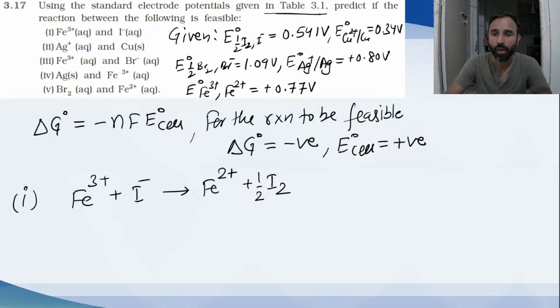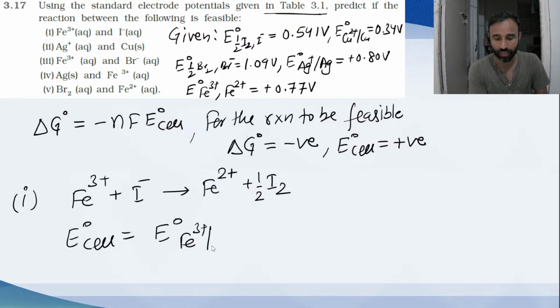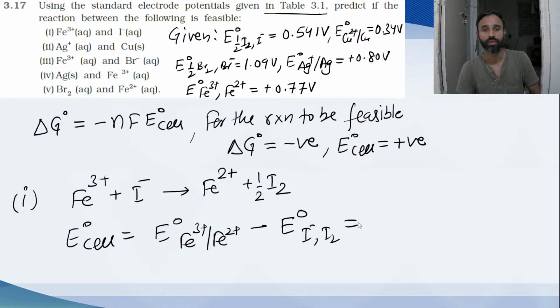E naught cell is E naught cathode minus E naught anode. The cathode here is Fe3+ to Fe2+, and the anode is I negative to I2. So E naught cell is equal to E naught of Fe3+ to Fe2+ minus E naught of I2 to I negative.